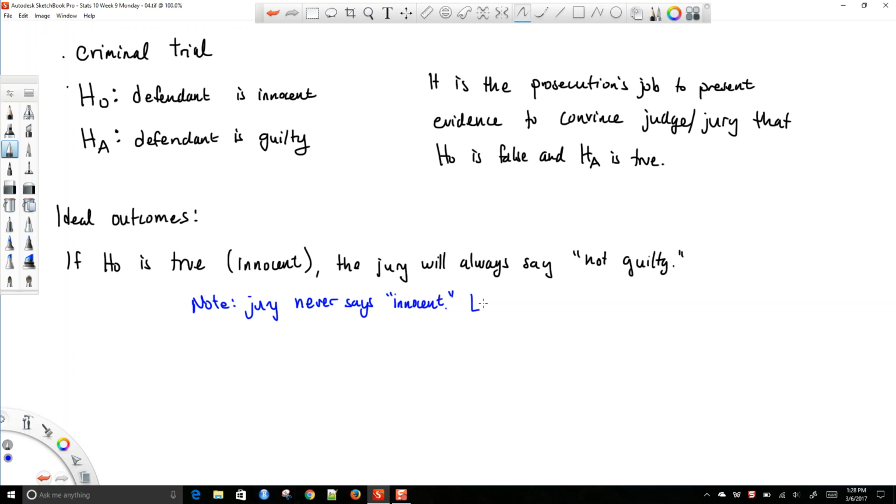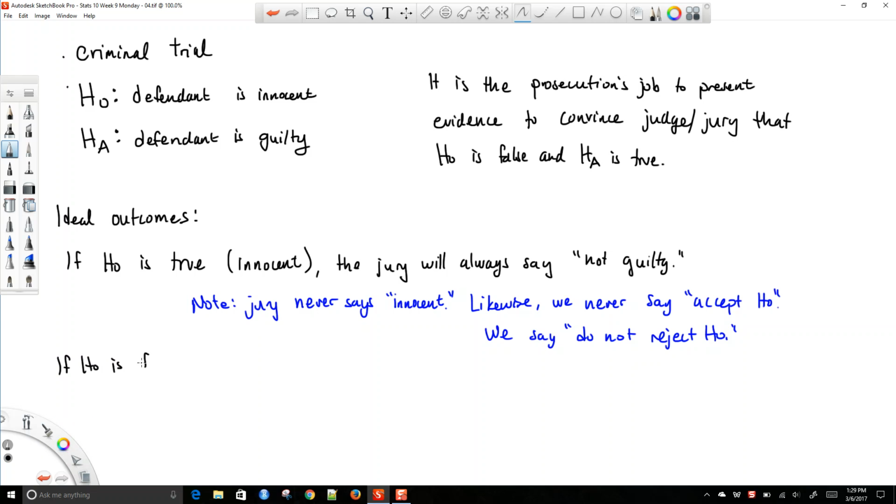Likewise, we never say the null hypothesis is true, we never say accept the null hypothesis. We say do not reject the null hypothesis. All right, and then the other ideal scenario is that if the null hypothesis is false, meaning the defendant is guilty, the jury always says guilty.